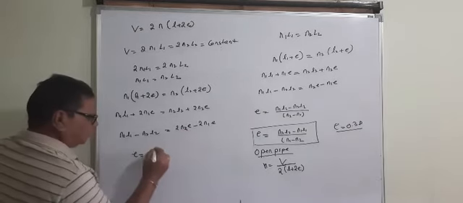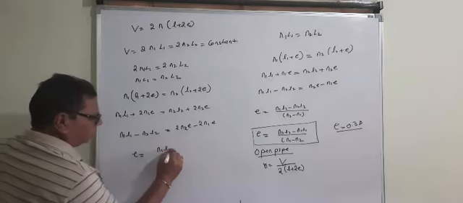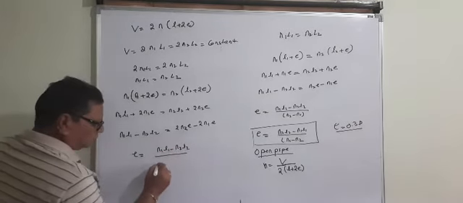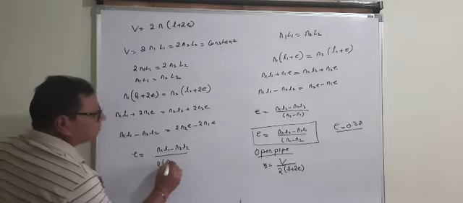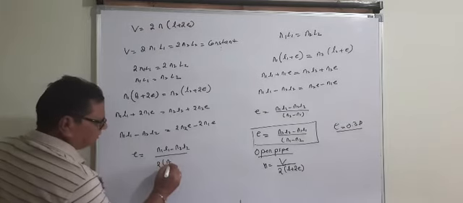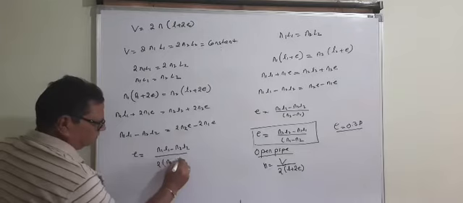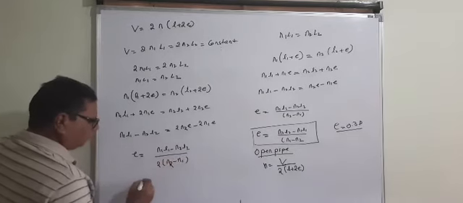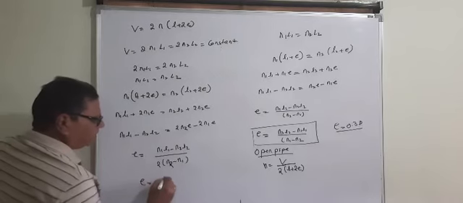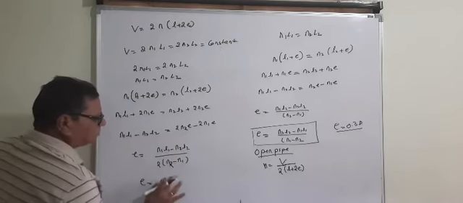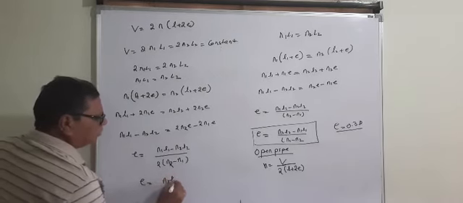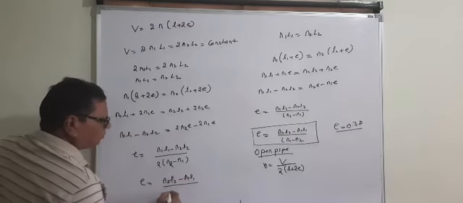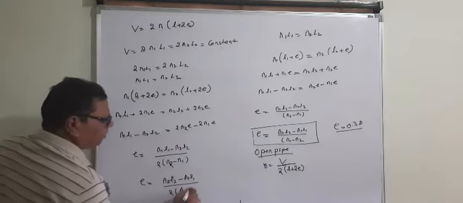E is common: N1 L1 minus N2 L2 divided by 2 times N2 minus N1. Or we can write it in the form N2 L2 minus N1 L1 divided by 2 times N1 minus N2.